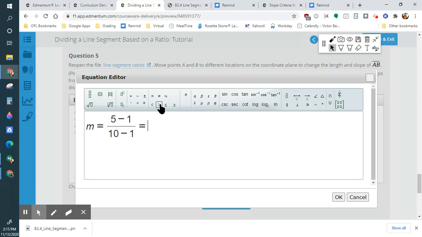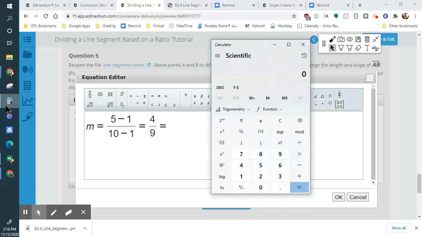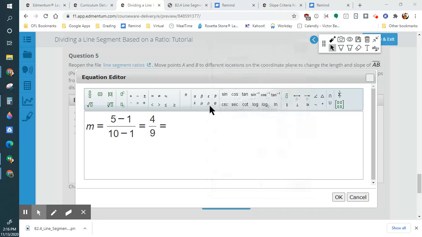So my slope equals 4 over 9, which I learned from my last encounter with this. They want it in decimal form.